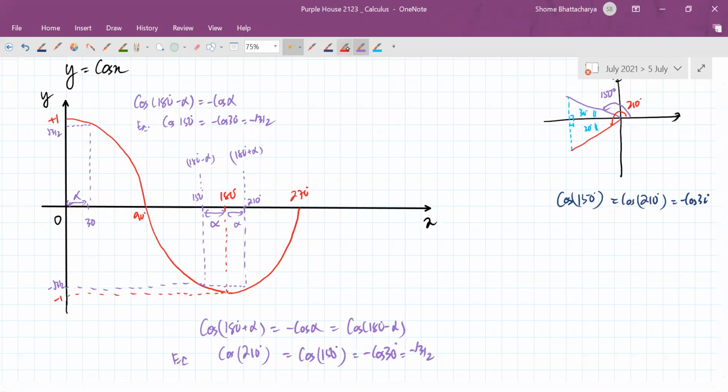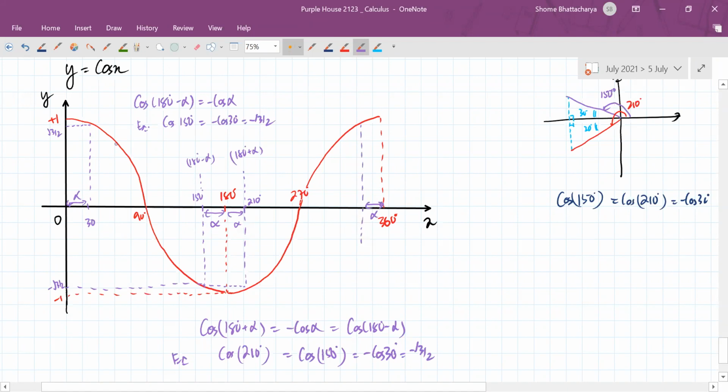Okay. And now finally coming to the 4th quadrant, completing the cos graph. So now in the 4th quadrant, if I again reference with respect to 360, my angle should be 360 minus alpha.